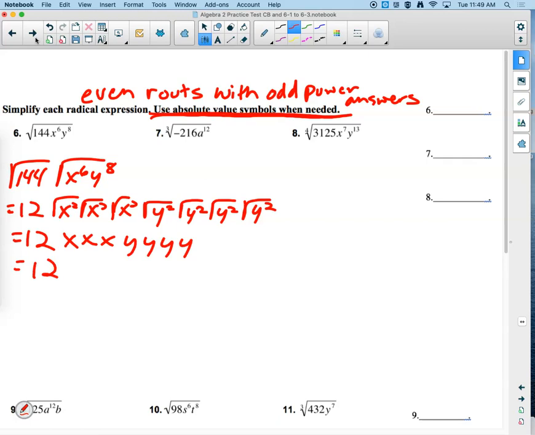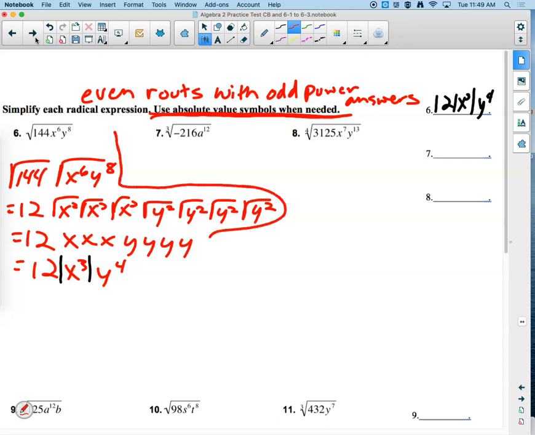So when it's all prettied up, it's 12 what? X to the third, y to the fourth. Unless it needs absolute value bars. Does it? It does, doesn't it? For that little bugger right there. 12 absolute value of x to the third, y to the fourth.